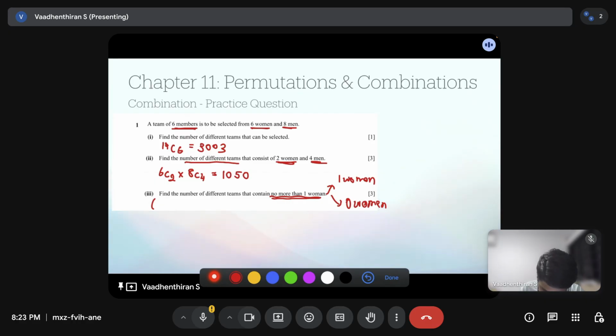So 1 woman will be 6 choose 1 times 8 choose 7, plus 0 women would be 8 choose 6. Then you can just find the answer here.